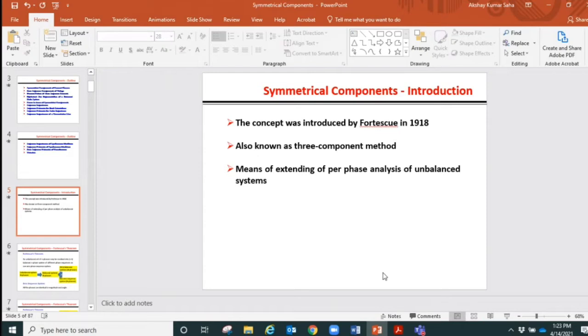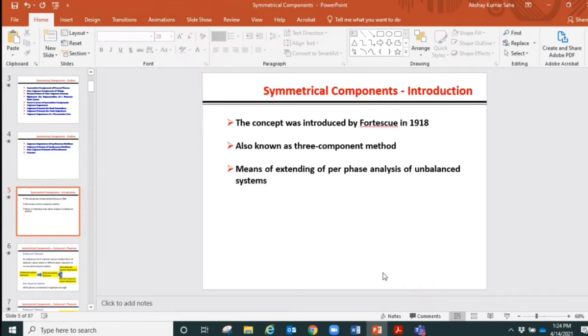So let me start with the first one, which is Fortescue's theorem. This is a theorem that was introduced by the scientist Fortescue. You can see it was in 1918, meaning over 100 years ago. But it's a very good theorem that is also known as the three-component method or theorem, and we use this theorem to apply to our power system fault analysis per phase when the system is unbalanced, and the system is going to be unbalanced if a fault occurs.